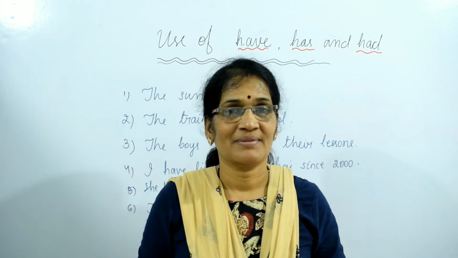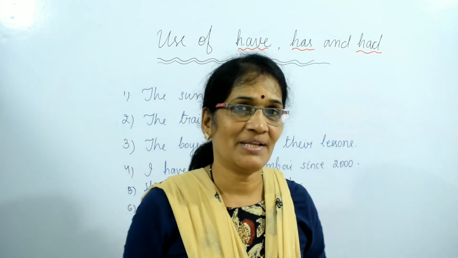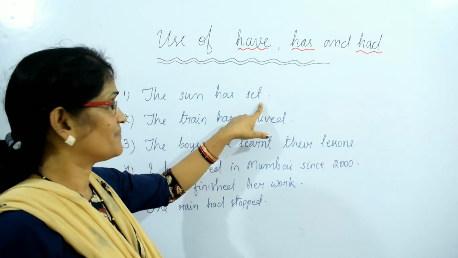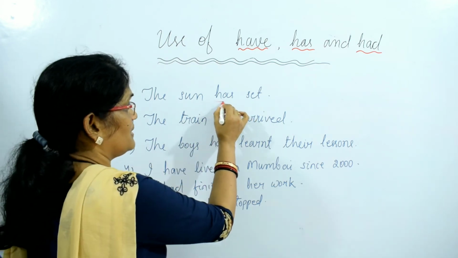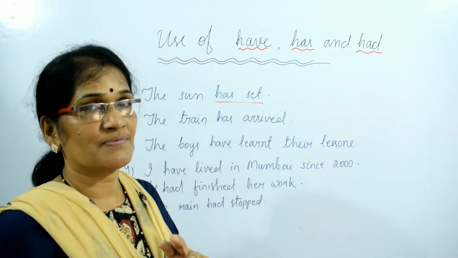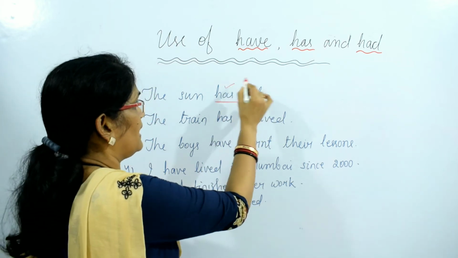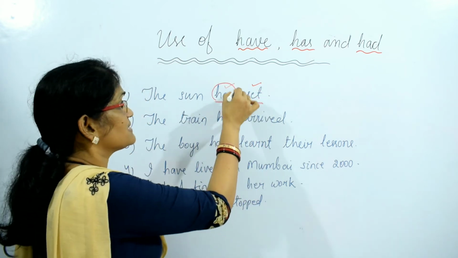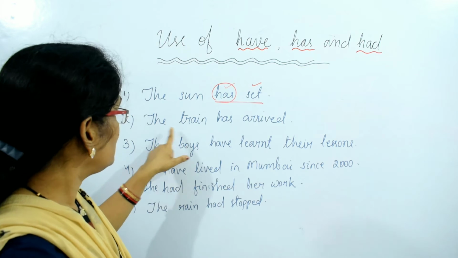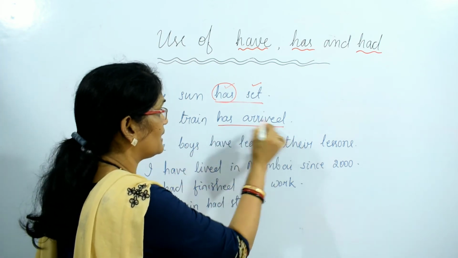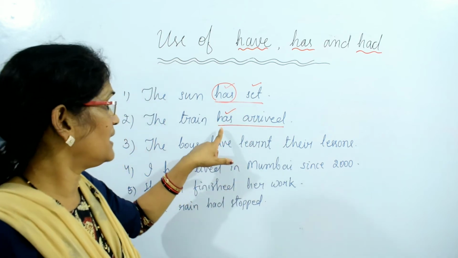Let's see the have verb as auxiliary verb. The sun has set. Here is a verb phrase. In the verb phrase, two verbs are there, has and set. Set is the main verb. Here has is the auxiliary verb. The train has arrived, two verbs, and has is the auxiliary verb.